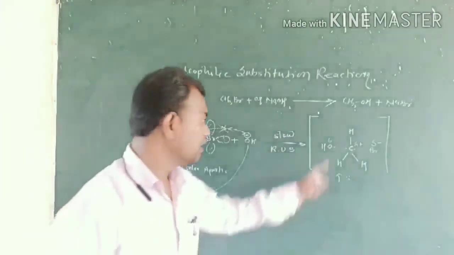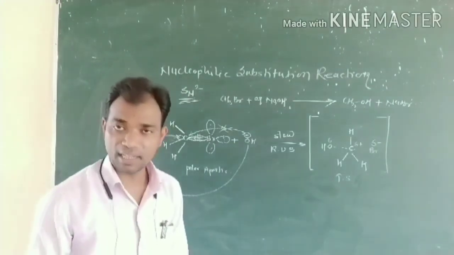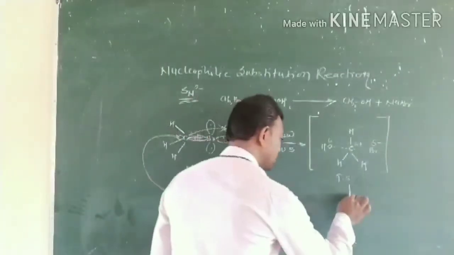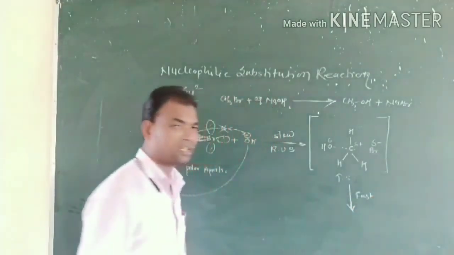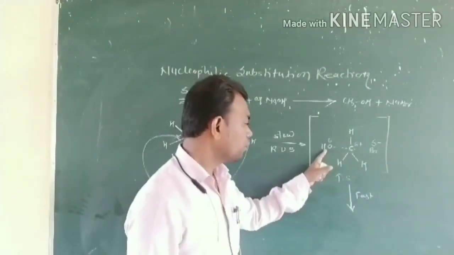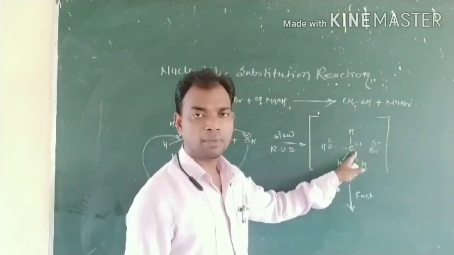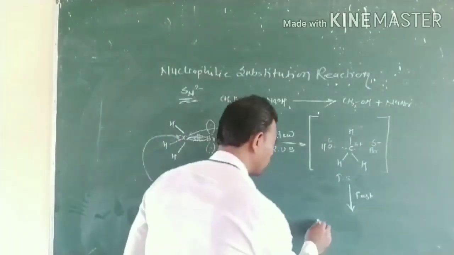Okay, and that transition state, which is very unstable, to attain stability, gets converted in a fraction of a second. That step is a fast step, and here the OH and carbon bond is completely formed, and the carbon and Br bond is completely broken, forming the structure.